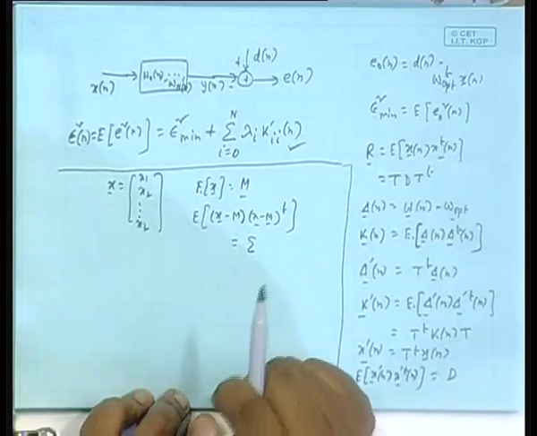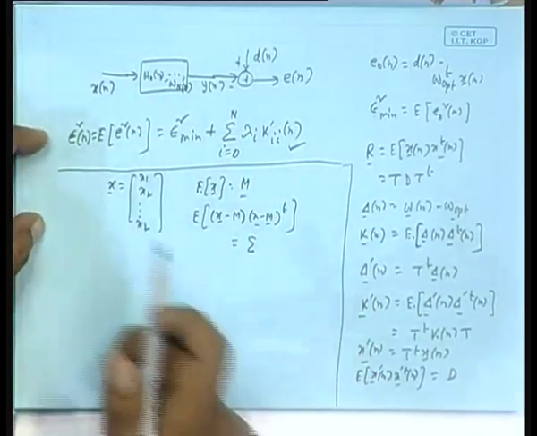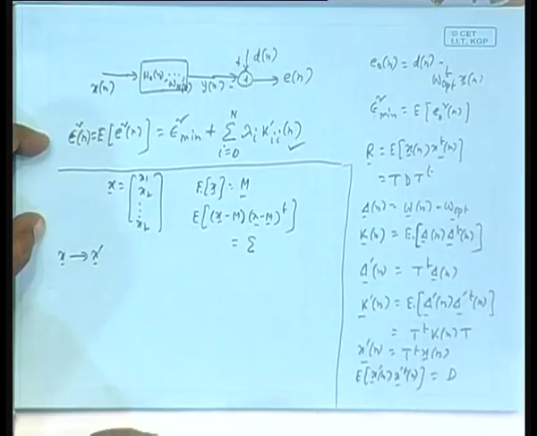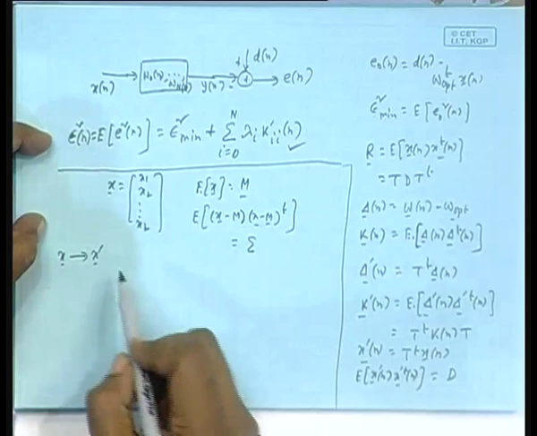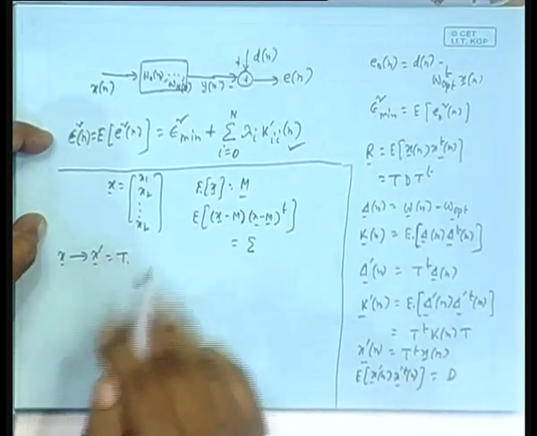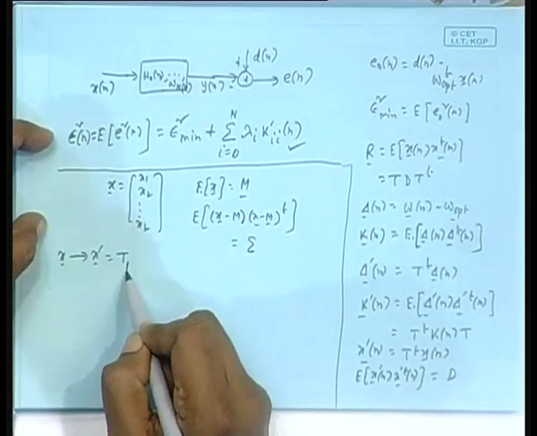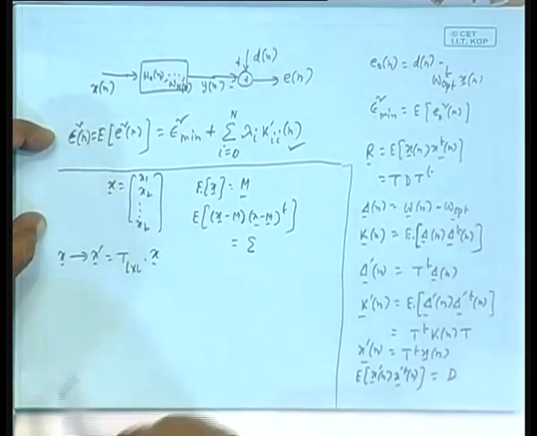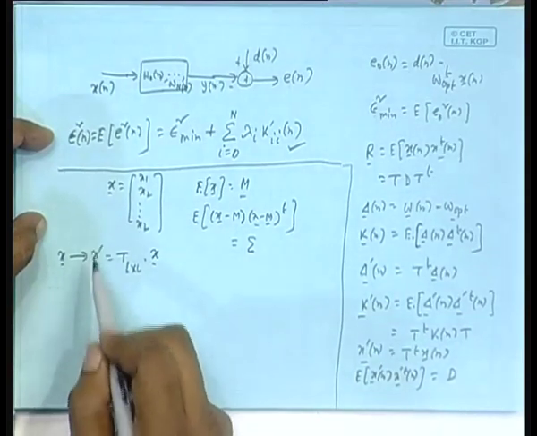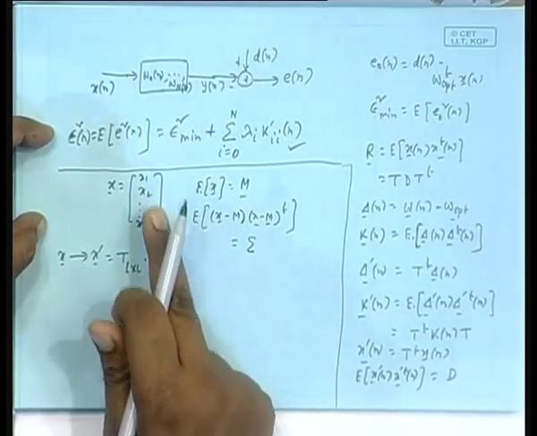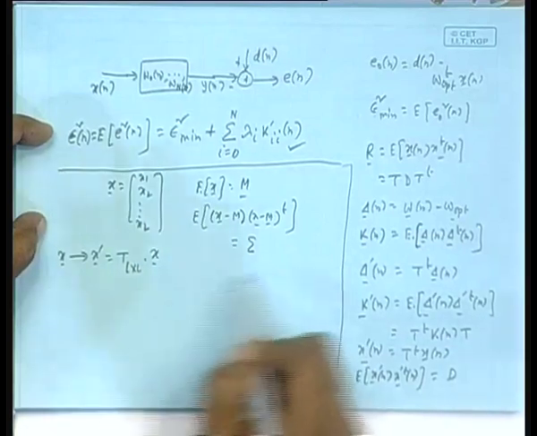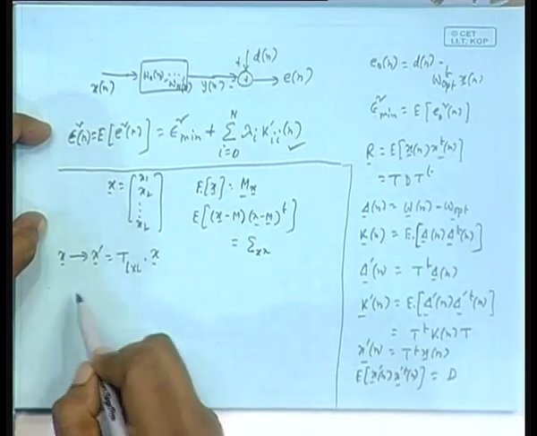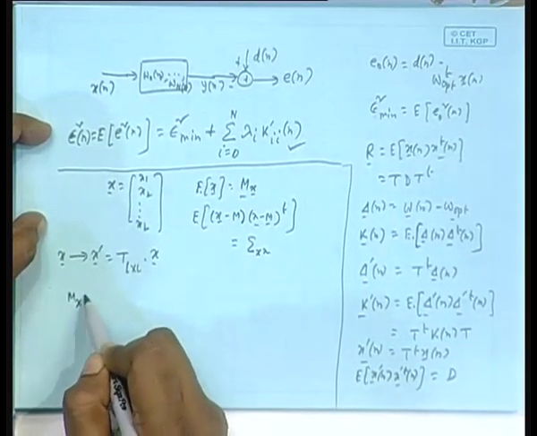Suppose this is given and you want to transform x vector to another vector x prime linearly, that is x prime equals T times x, where T is an L cross L square matrix of your choice. Then firstly x prime also will consist of random elements, after all they are coming from x 1, x 2 up to x L. If I call the mean m x and the covariance sigma x x, what is m x prime?